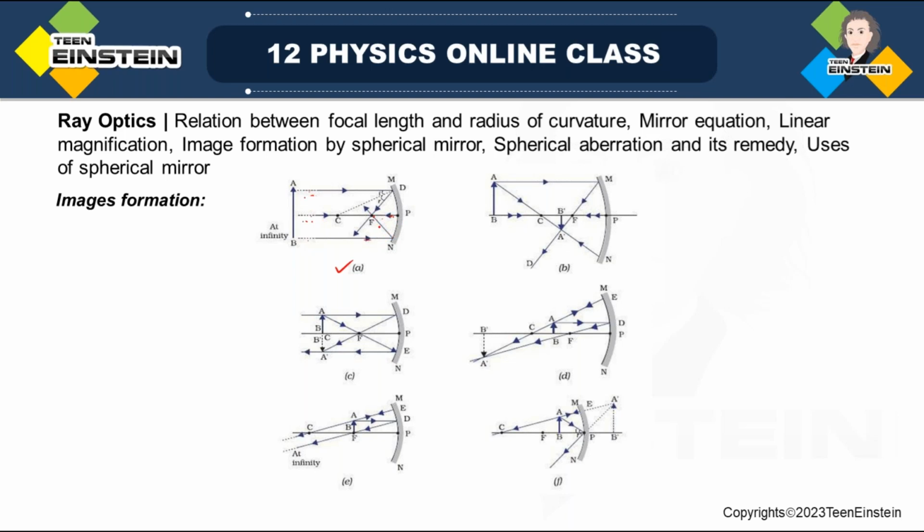After reflection it is also meeting at F. So a parallel ray after reflection will meet at the focus. The image will be formed at this point F. The object may be extended, but here we get a very diminished image.